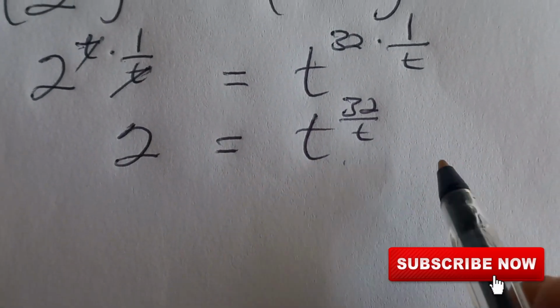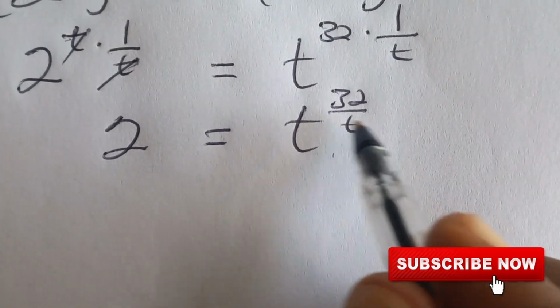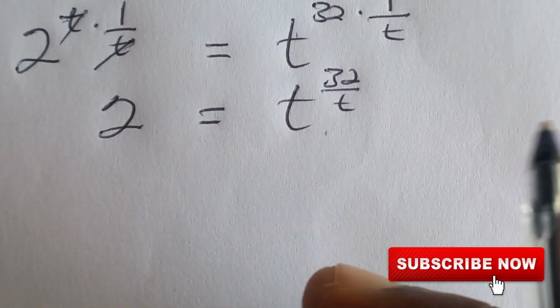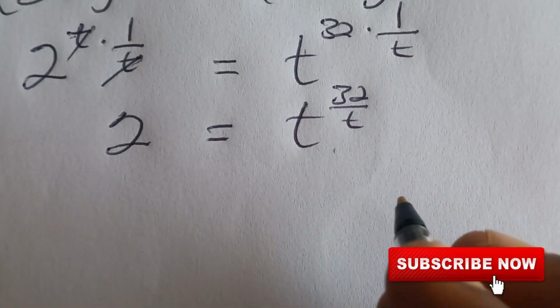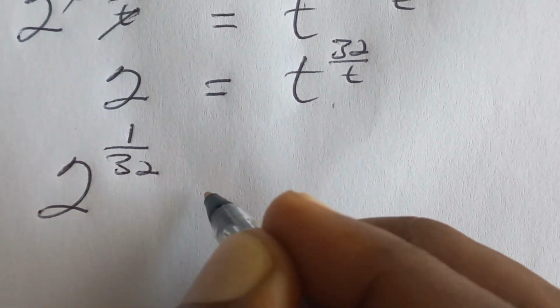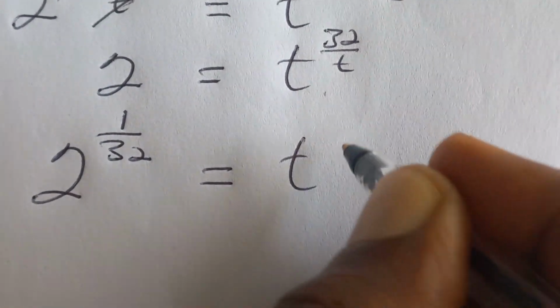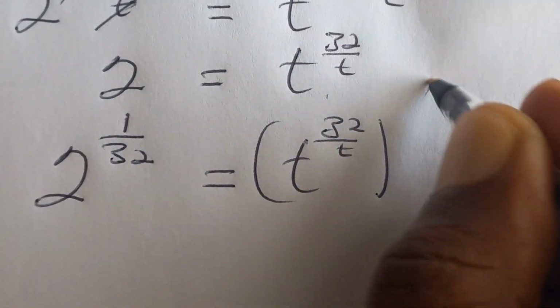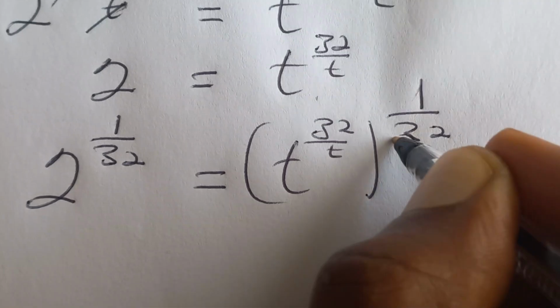What we have to do next is multiply both sides of the equation by exponent of 1 on 32. So we are going to get 2 exponent 1 on 32, which is equal to t exponent 32 over t, all to the exponent 1 on 32.